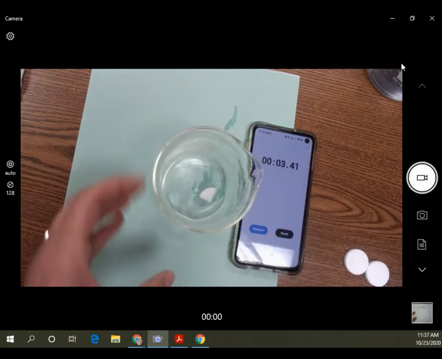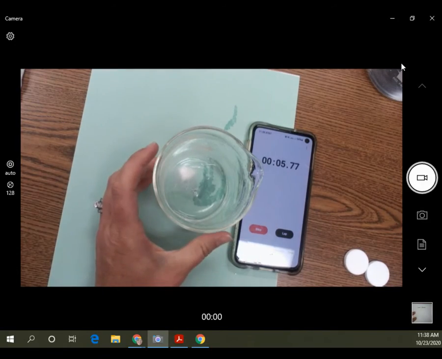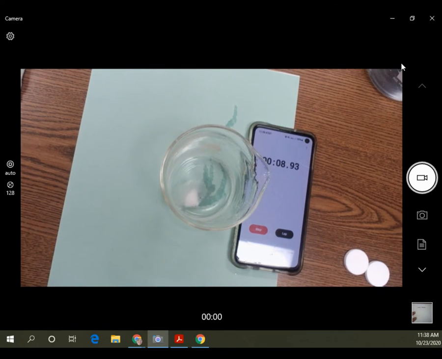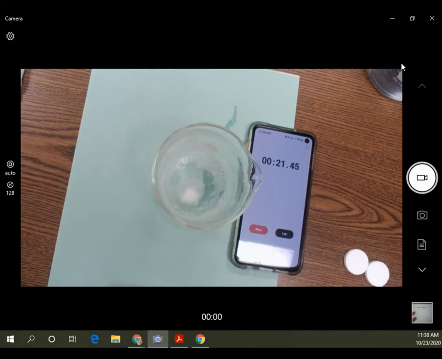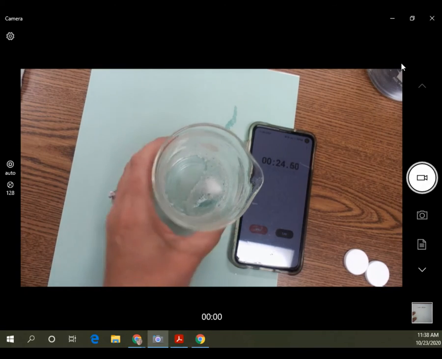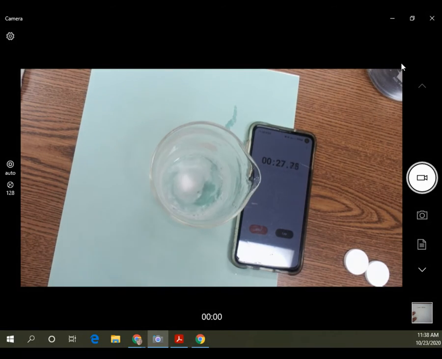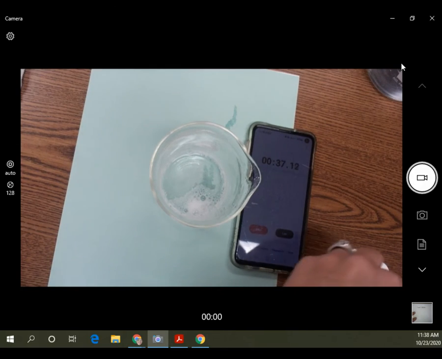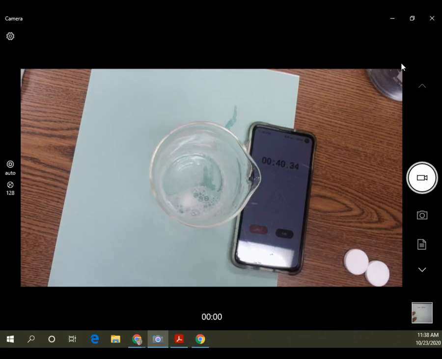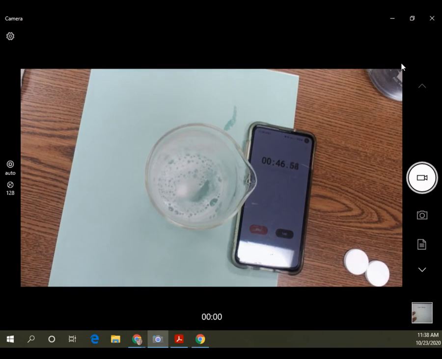Hold on. So this is the cold water. Still going there.